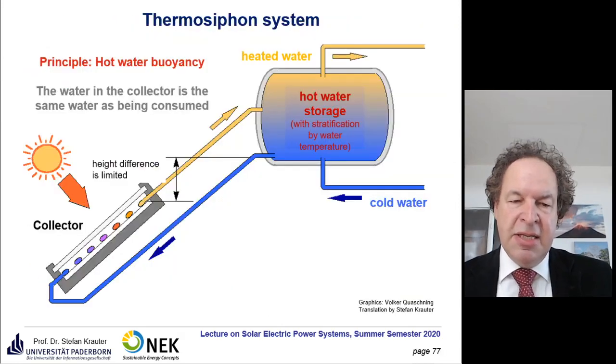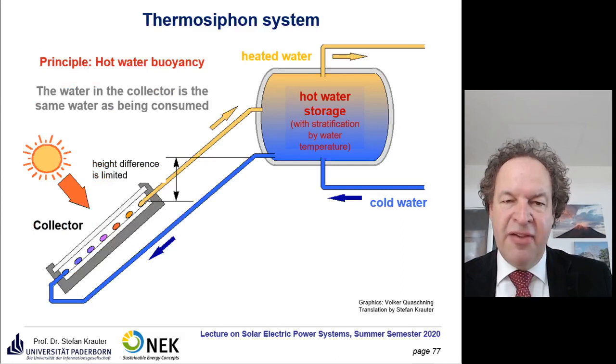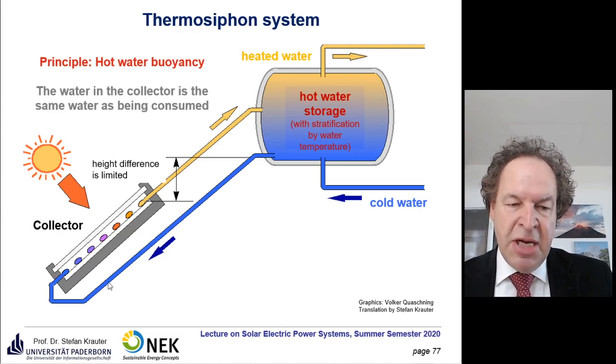So this is a very typical thermosiphon system. So you have the collector, and then you don't have a pump or something like this, just due to the fact that the heated water is lighter than the cold water. It automatically flows up the water. It's called buoyancy, and then we have here the hot water, which flows inside the storage tank here.